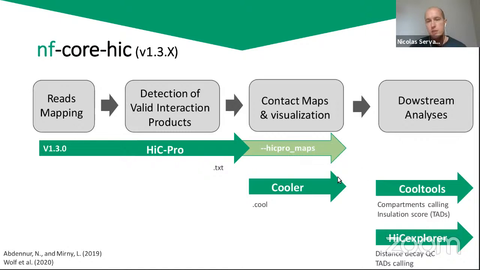That's totally feasible. We also started to implement a couple of tools for downstream analysis to call the compartments, and to call the TADs using two different methods, either the insulation score or another method from the HiCExplorer package, and also to add a couple of additional QCs like distance decay and so on.